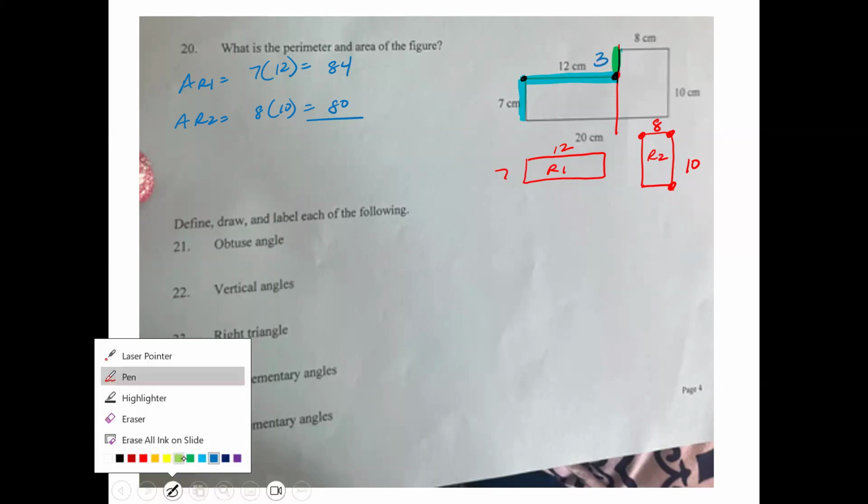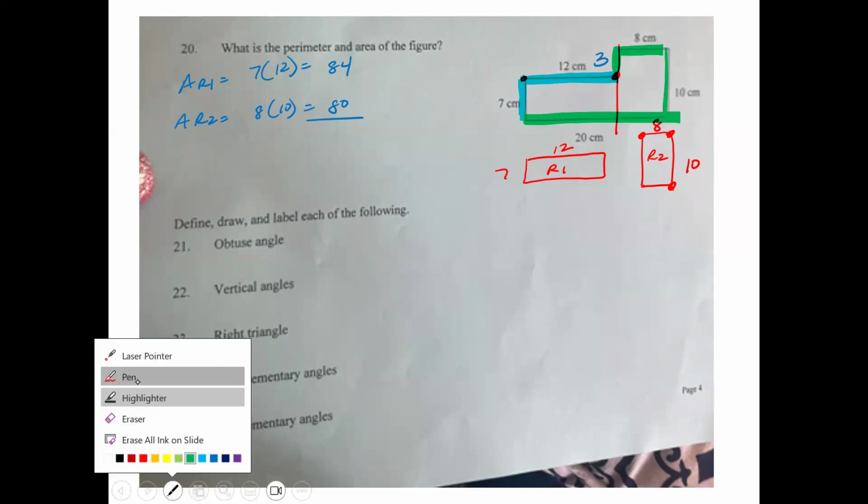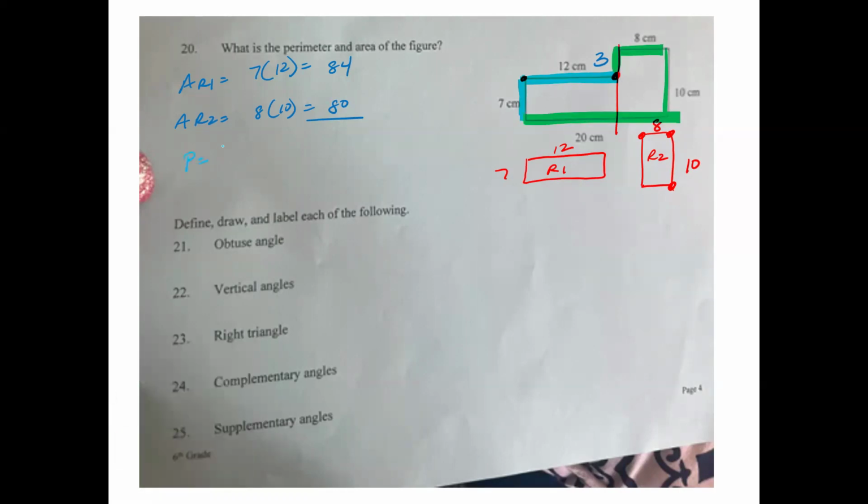Good. Then what is this side right here? Okay, what's this side right here? And what's this entire thing right there? So let's add those together. So your perimeter is 7 plus 12 plus 3 plus 8 plus 10 plus 20. What is that going to be?